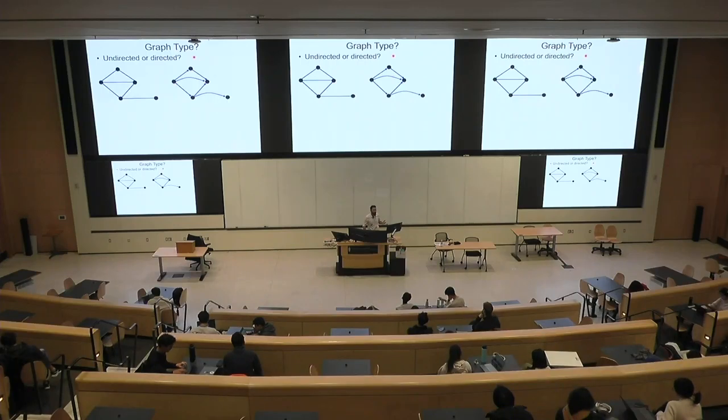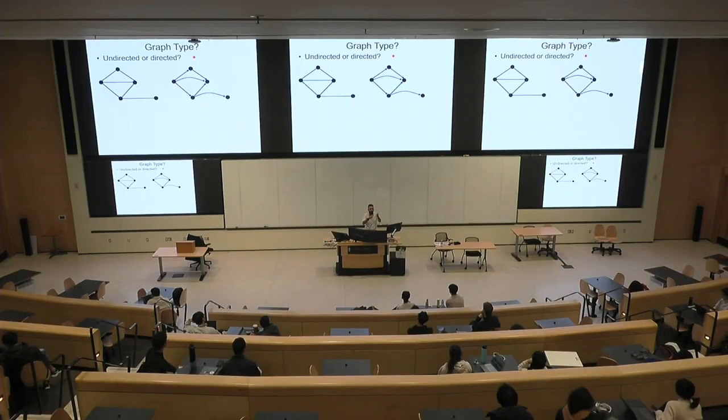Can anyone guess which of these types we should use for our maps? Yes, go ahead. Yes, so we have one-way streets in any city in the world, right? So we need to represent them somehow. That's why we need a directed graph. But if we use a directed graph, what do we do about two-way streets?